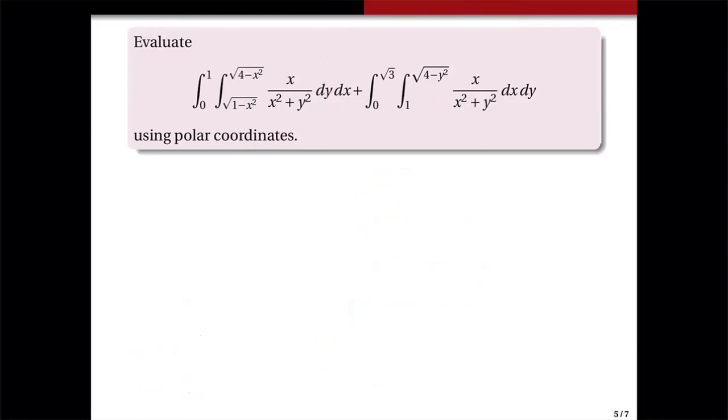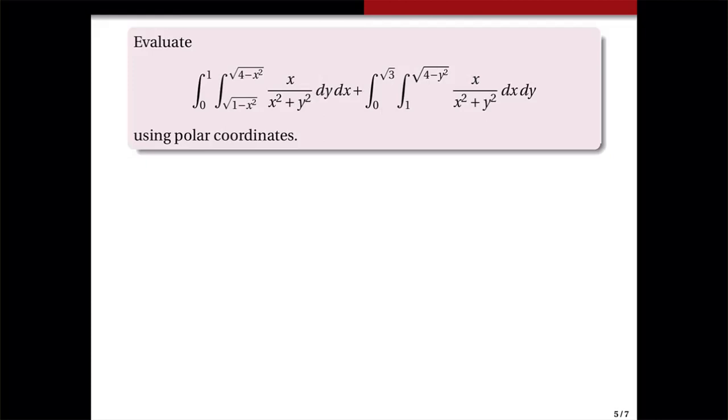So what you can do is to find a way to combine these two double integrals into a single double integral, if possible. Otherwise, what you can do is to find the double integral here, and then find the double integral here, and then add them together. Okay. So, first, we will try to combine them into a single double integral if we can do that.